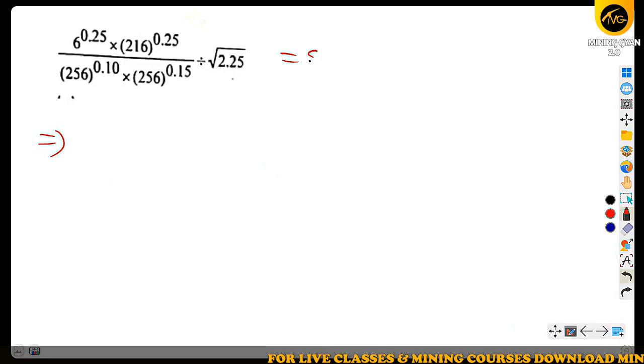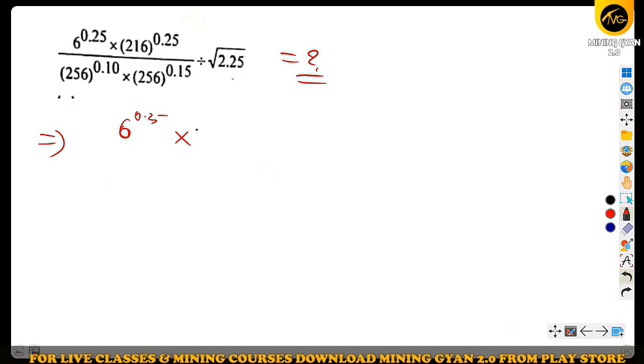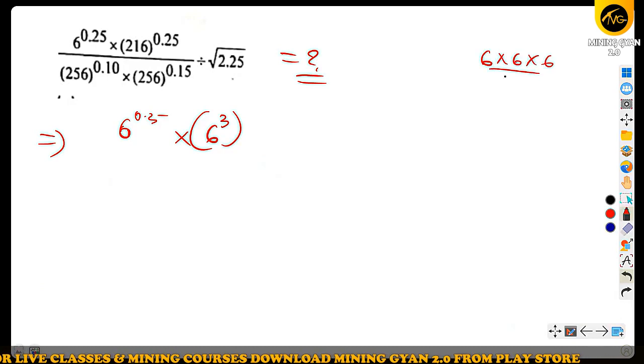So firstly, 6 power 0.25. We can also write the 216, correct, 216 is the cube of 6. 6 into 6 into 6 is 216.